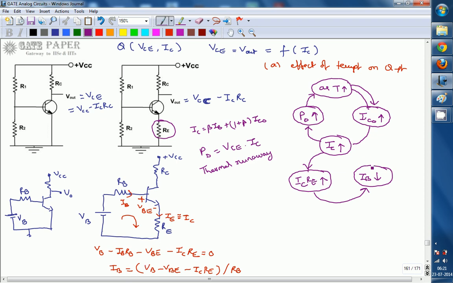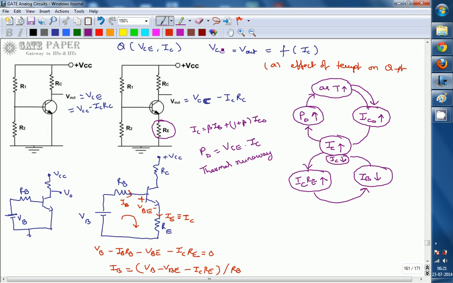This IB reduction makes IC reduce, because IC is nothing but beta times IB. Whenever temperature increases, that makes IC increase, but the same increase in IC makes IB reduce, so IC reduces.